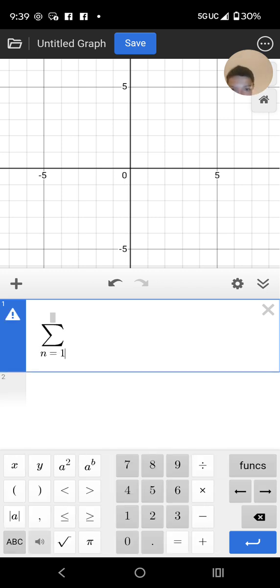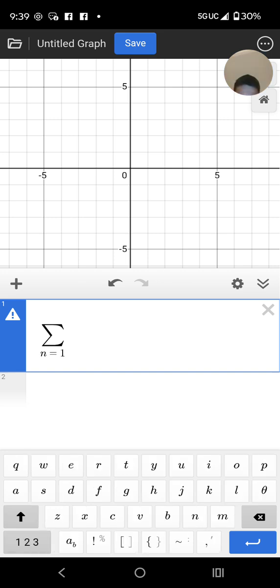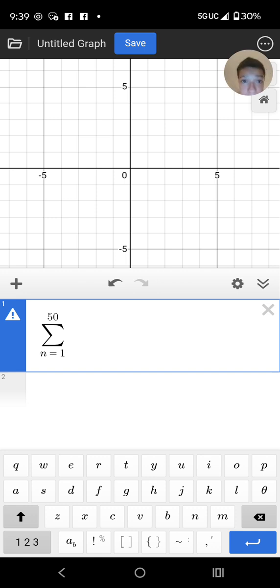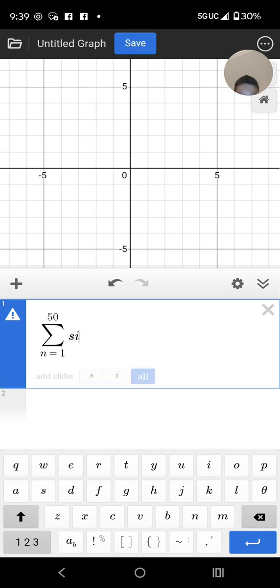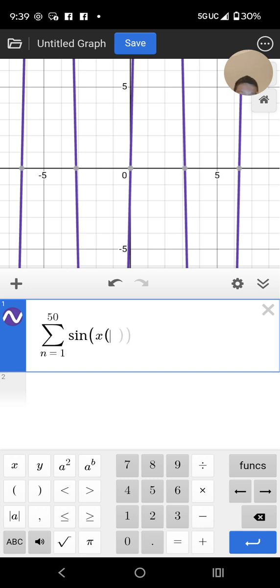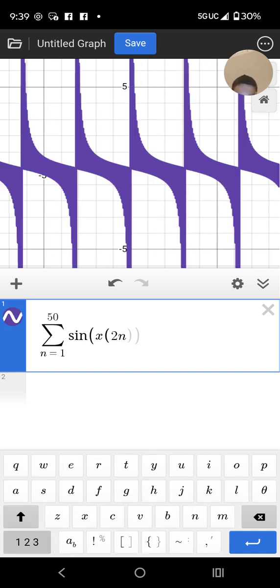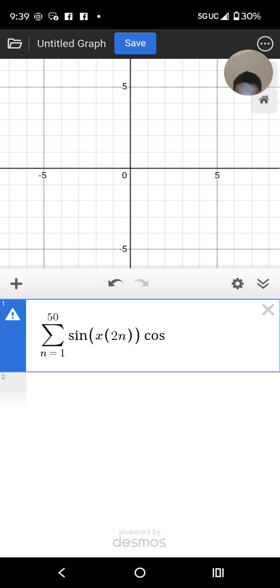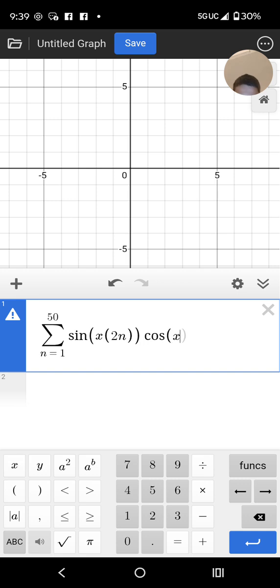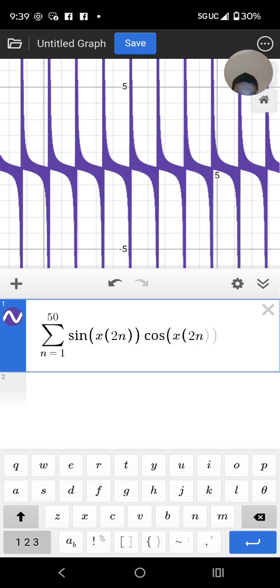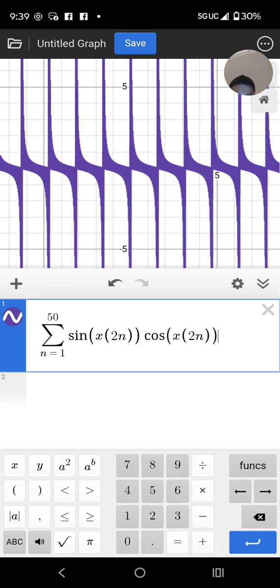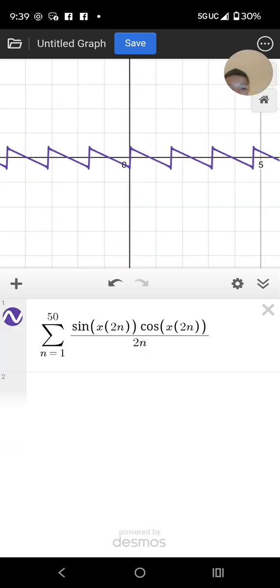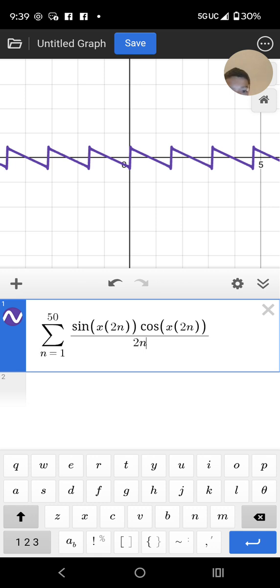Sum n equals 1 all the way to 50. This is not exactly the Fourier series, but it's an approximation because Desmos doesn't let us do infinities in sums. Cos of x times 2n divided by 2n. Since n would be 1, let's do divided by n.